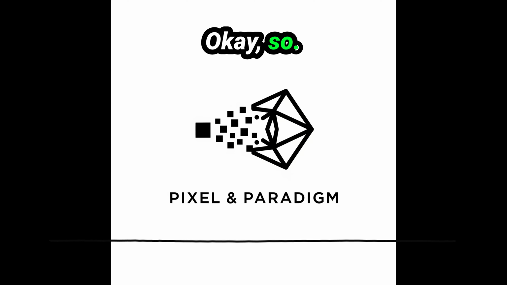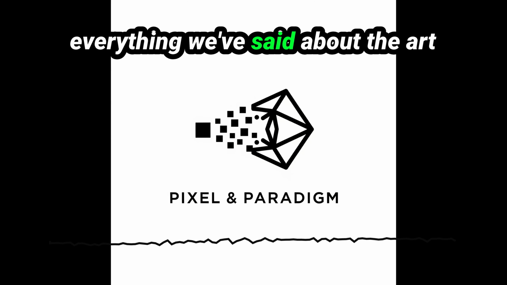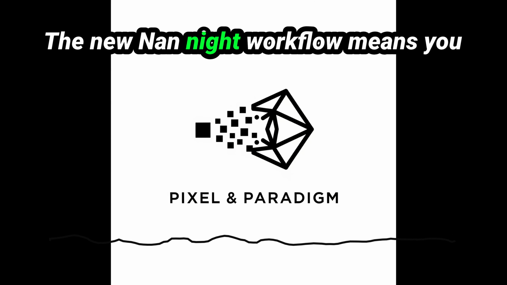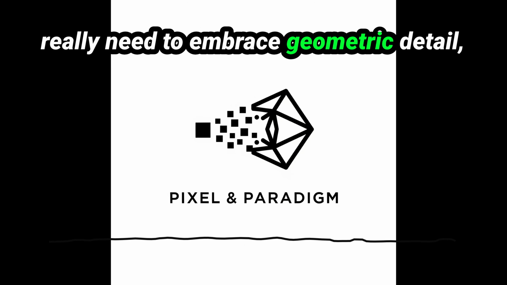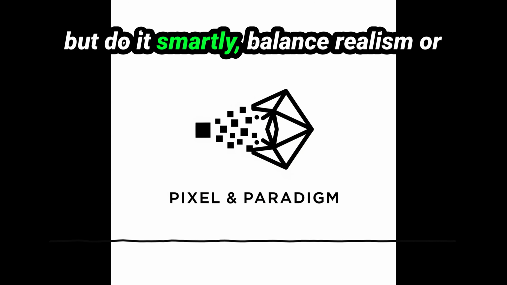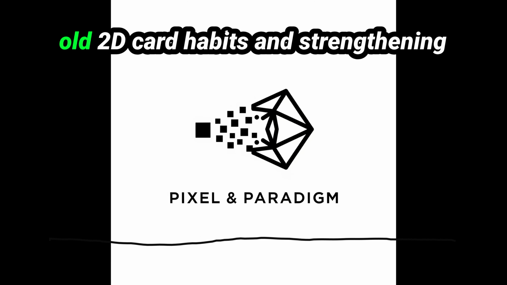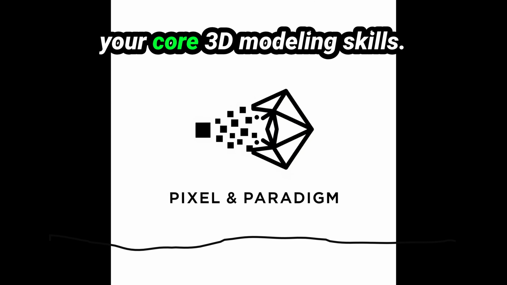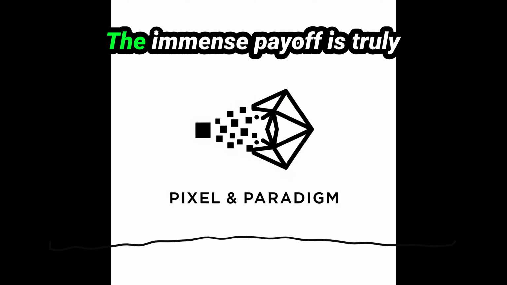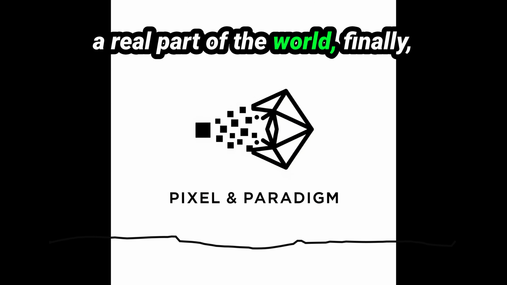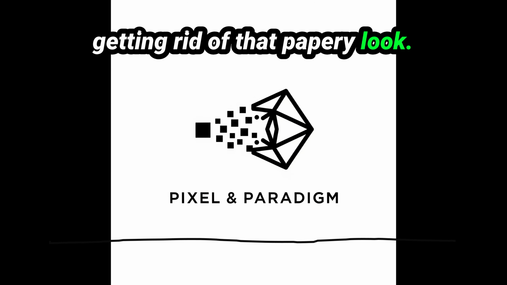All right, okay, so just to bring together everything we've said about the art direction and artistic side of things, the new Nanite workflow means you really need to embrace geometric detail, but do it smartly. Balance realism or stylization while actively breaking those old 2D card habits and strengthening your core 3D modeling skills. The immense payoff is truly volumetric foliage that feels like a real part of the world, finally getting rid of that papery look.